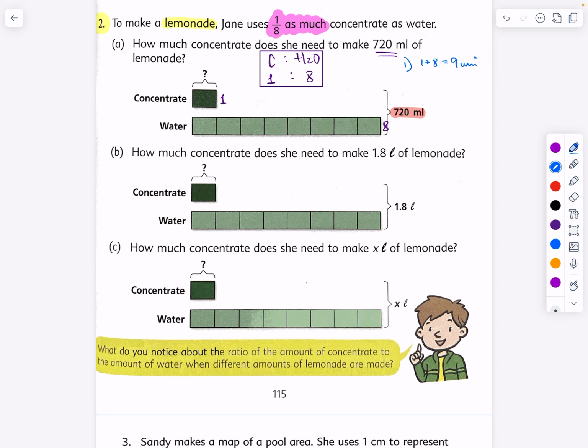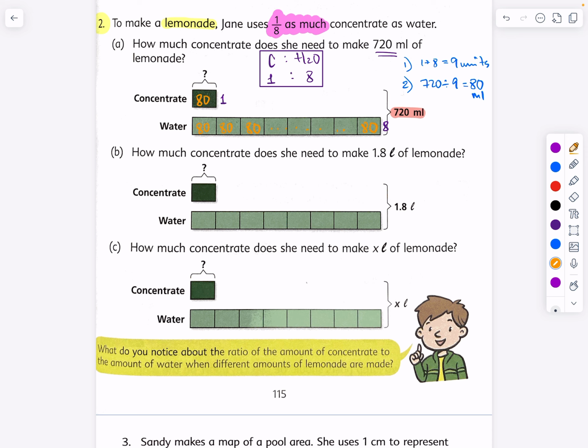Sometimes people say 9 units. Therefore, 720 milliliters divided by 9. Step 2. 720 divided into 9 equal parts gives you 80 milliliters in each unit. Let's write it down. 80, 80, 80, and so on.